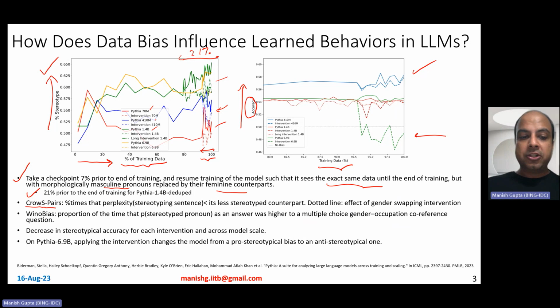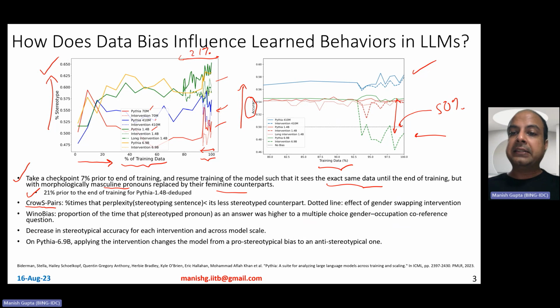And what you observe is that on Pythia 6.9 billion, if you apply the intervention on this green curve, and this is the 50% flat line, you observe that applying the intervention changes the model from a pro-stereotypical biased model to an anti-stereotypical biased model, which is really good.